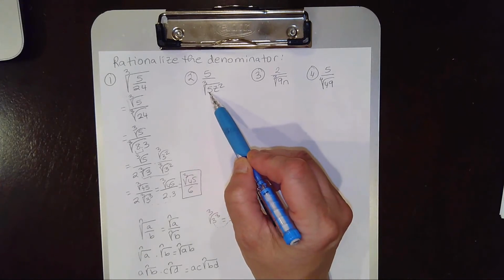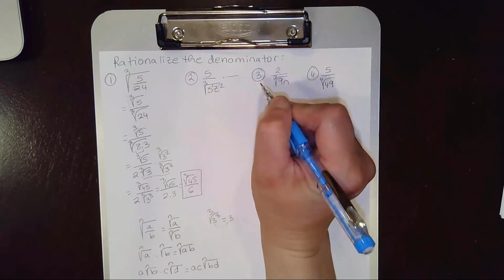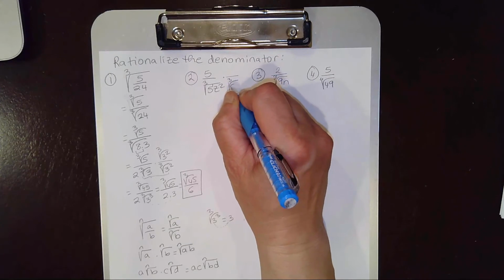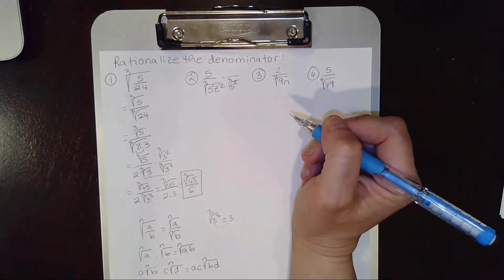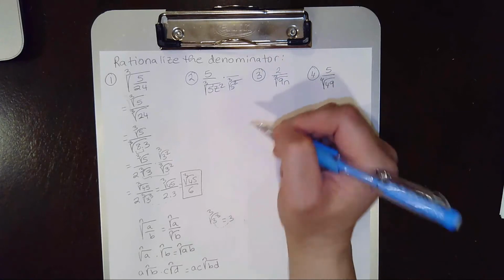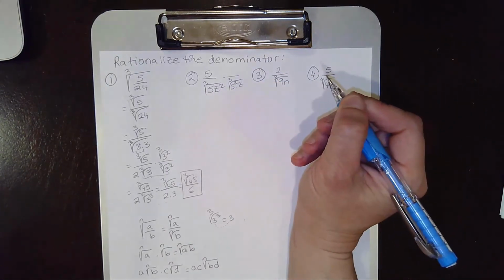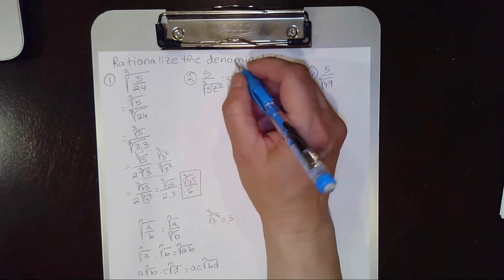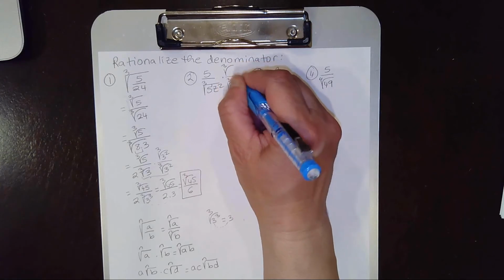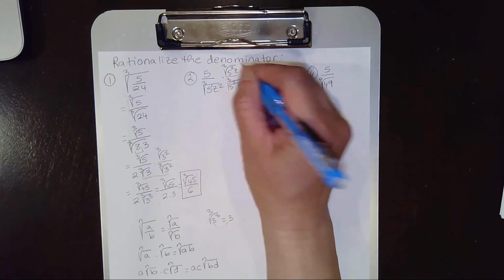If we want to remove the 5, since I have 5 to the 1, I want to multiply by cube root of 5 squared. You can also write 25. And here I have z squared. For it to come out, it has to be z cubed, so I have to multiply by z. Now go ahead and multiply the numerator by the same thing: cube root of 5 squared times z, or 25 times z.